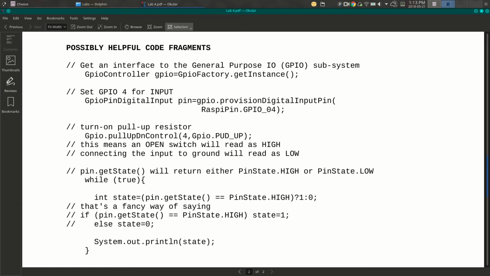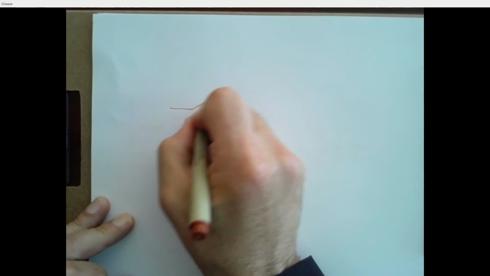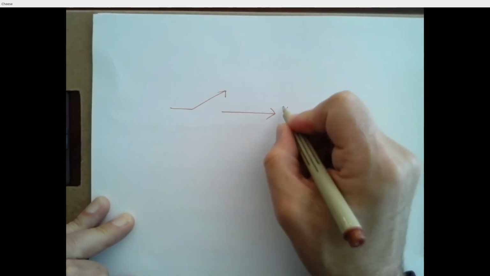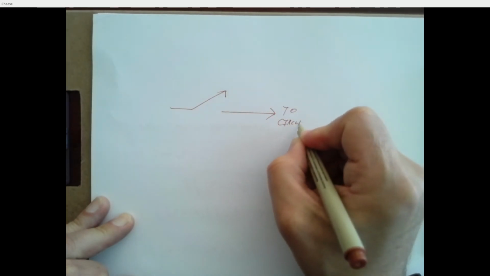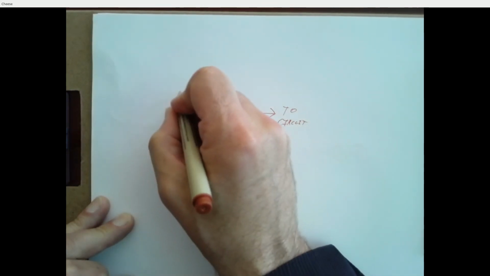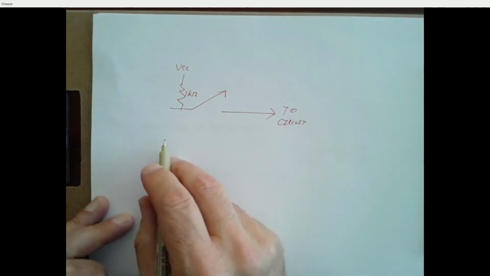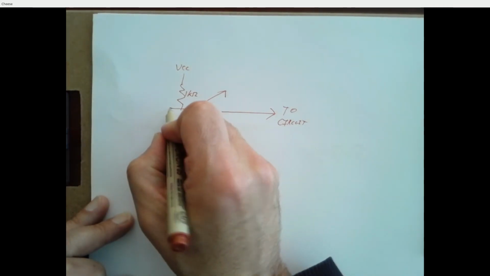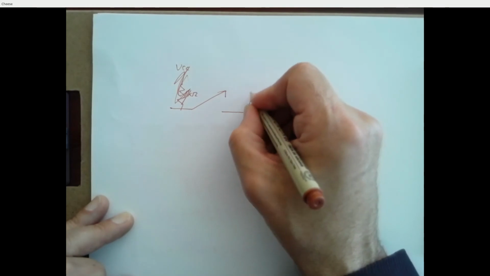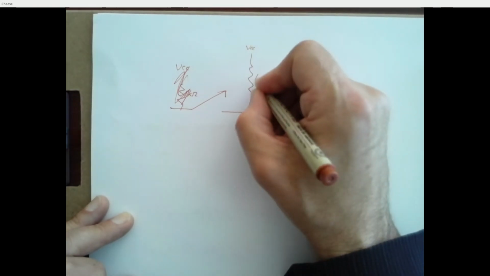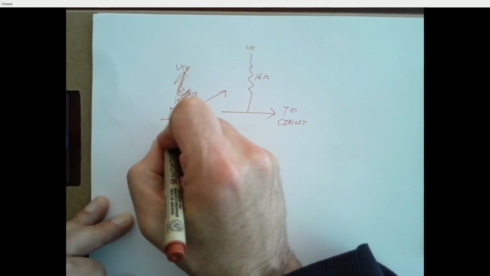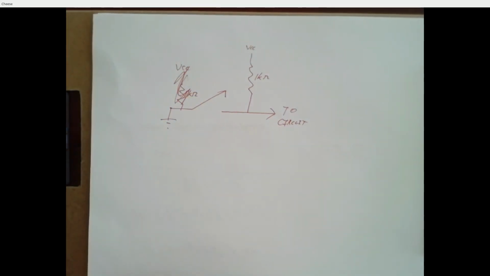And in 250, 270, we always have these pull-up resistors, right? So our typical switch wiring looks like this. Here's our switch. This goes to the circuit. And we pull this side up to 5 volts through a 1K resistor, and we ground out the other side of the switch.